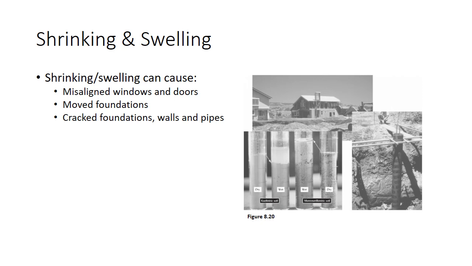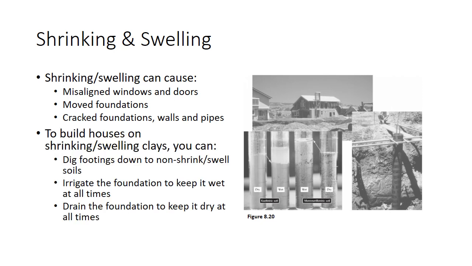On a house, it can cause some issues with windows and doors that aren't aligned. It can have a foundation that moves or heaves, and it can get issues with cracked foundations or even cracked walls and cracked pipes. And when we build houses on these soils, if you remember back to learning how to use the web soil survey, there are soil mapping units that are rated as very limited for building houses with basements.